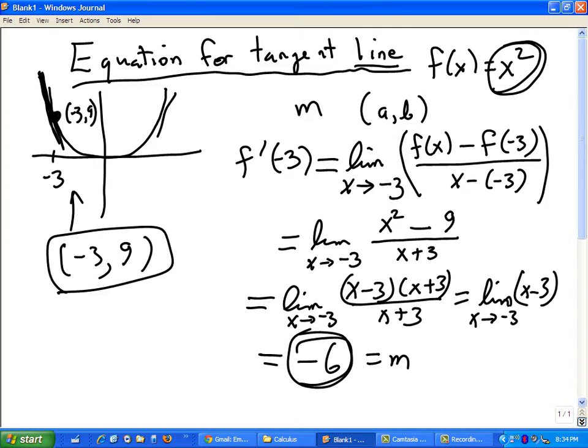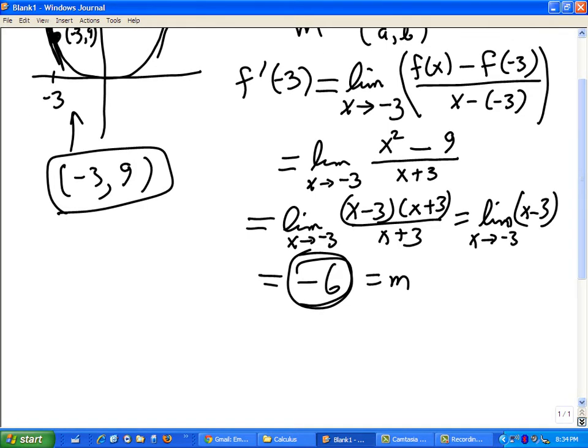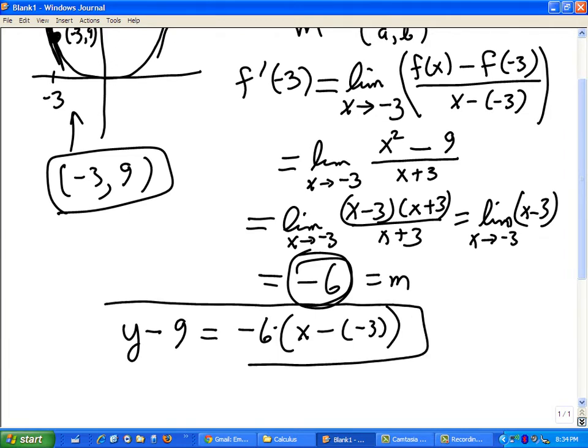I wish that I could convince students that you can write an equation for a line in a very, very simple way if you use the point-slope form of the equation of the line, which goes y minus the y value equals the slope times x minus the x value. And folks, right here, you can say you're done. There is no need to take the 9 over to the other side and multiply all this crud out and then come up with an answer that looks like y equals mx plus b.